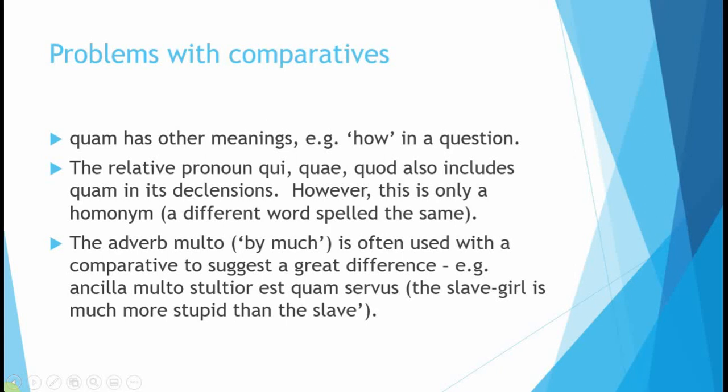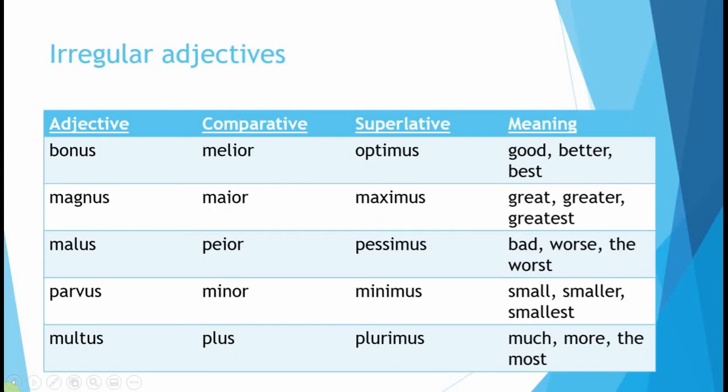So, ancilla multo stultior est quam servus: the slave girl is much more stupid than the slave. It's not something that we're going to encounter too much at the moment, but I just want you to be aware of these problems so that you can see that these are common misconceptions and hopefully avoid them.